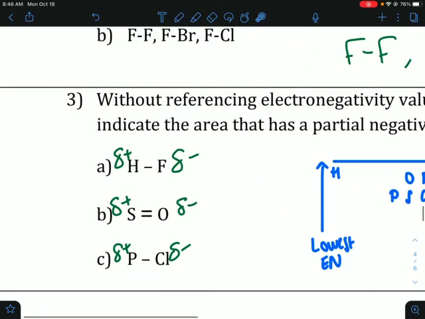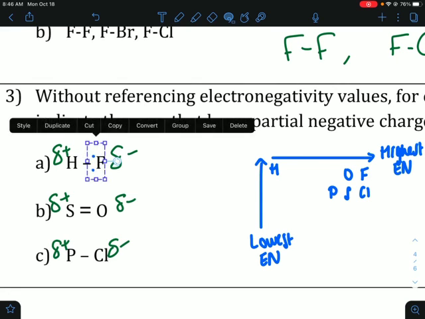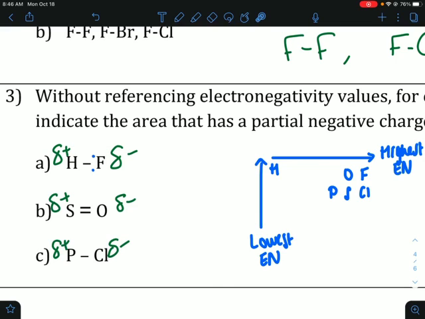So for example here, F is going to have the highest electronegativity. So these electrons that normally would be right in the middle are now going to be pulled closer over here, which means this fluorine feels the effect of those electrons a little bit more and creates this partial negative charge.